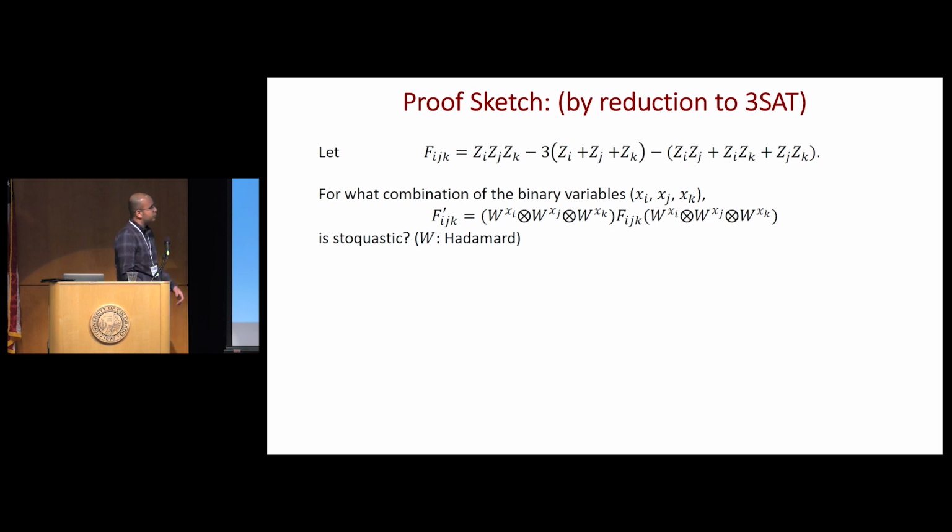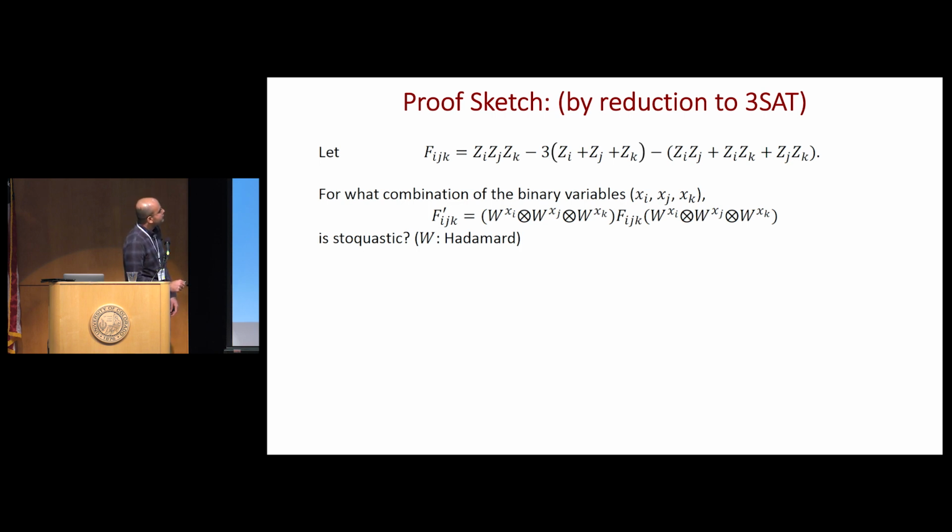A sketch of the proof: the proof is done by reduction to 3-SAT. Here I will talk about a very specific case, where even choosing between identity and Hadamard can be NP-complete. To see that it's not hard, just look at this term. It's defined on 3 qubits, i, j, k, and it only has Z operators.